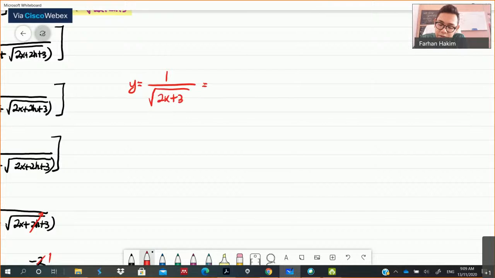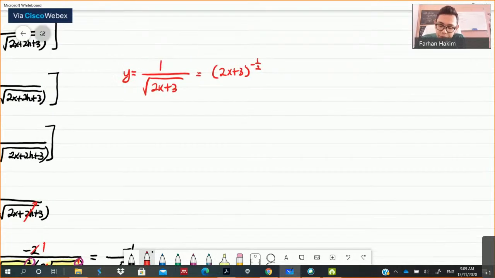Just rewrite this as 2x plus 3 to the power of negative 1/2. We can differentiate this using the bracket technique. We bring the negative 1/2 in front, and then copy everything: 2x plus 3 to the power of negative 1/2 minus 1.